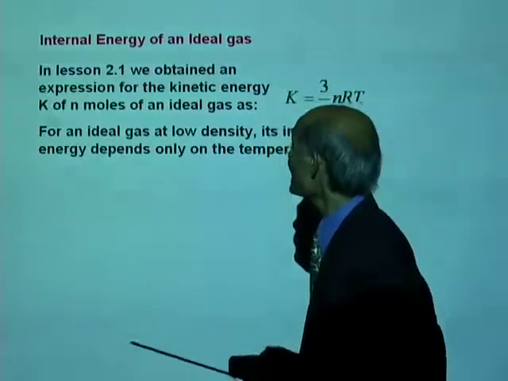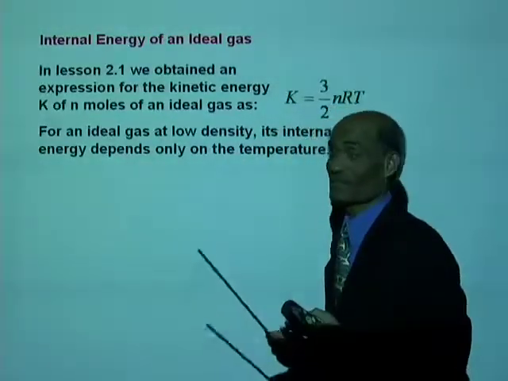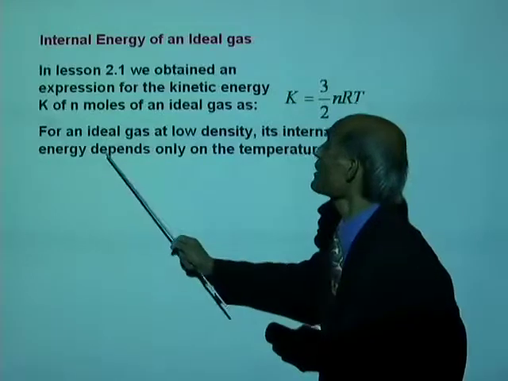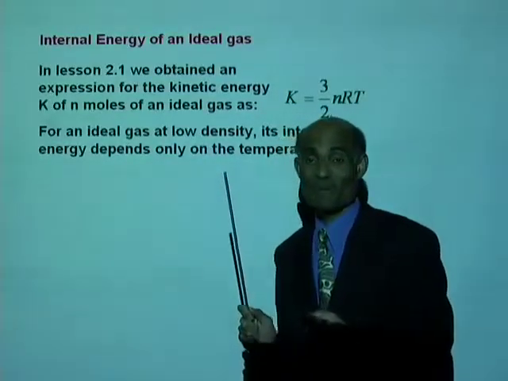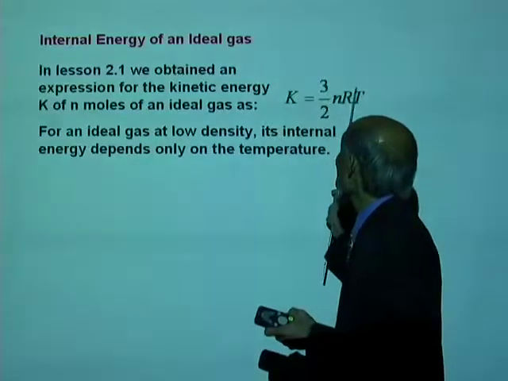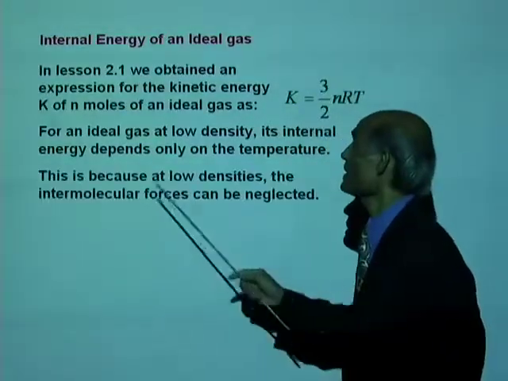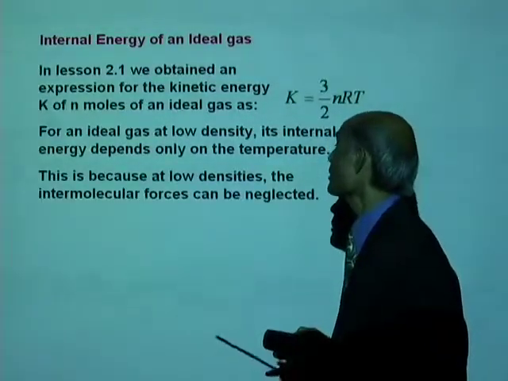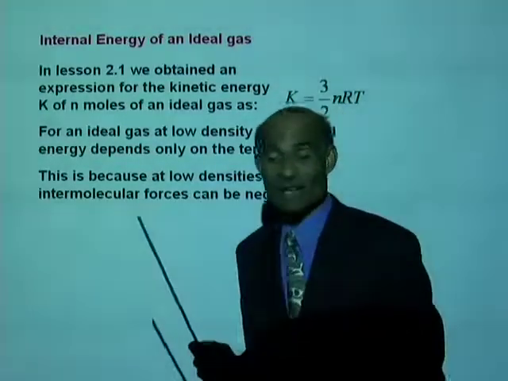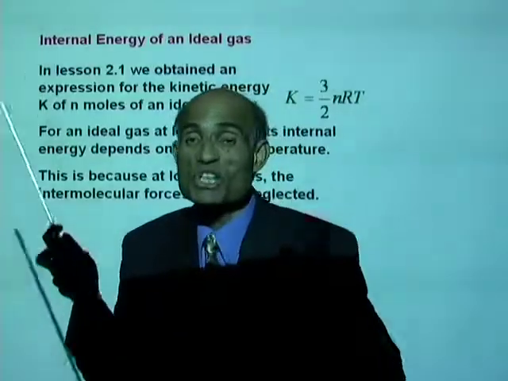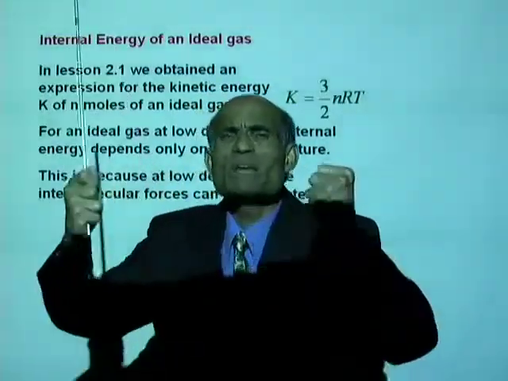For an ideal gas at low density, its internal energy depends only on the temperature, right? Its internal energy depends only on the temperature. This is because at low densities, the intermolecular forces can be neglected. At low densities, gas molecules are completely free.